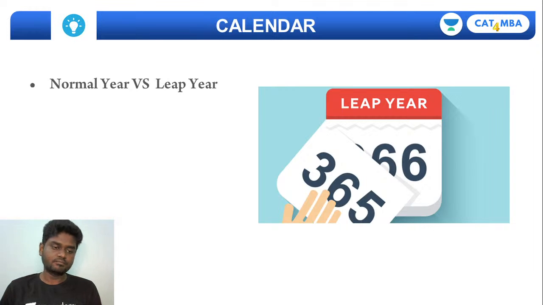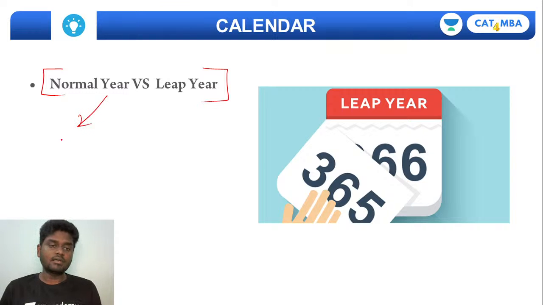First of all, the most important thing is we have two different types of years: a normal year and a leap year. What is the actual difference between them?